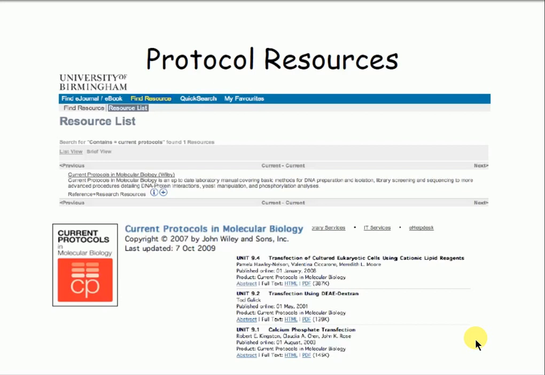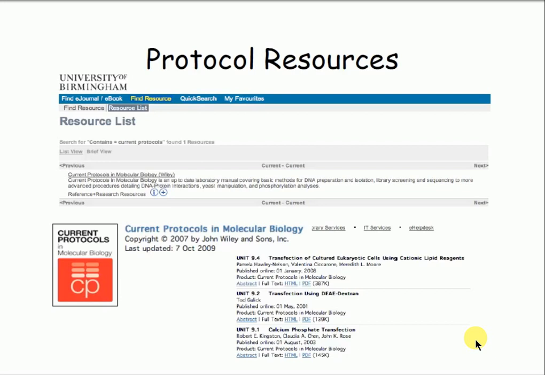Have a look in this book, Current Protocols in Molecular Biology. For any types of methods, this is really a good resource as a first start for looking into a protocol. The university has access to it, so through the library you can get in, and for example they have various chapters on it, for example transfection of cultured eukaryotic cells using cationic lipid reagents.